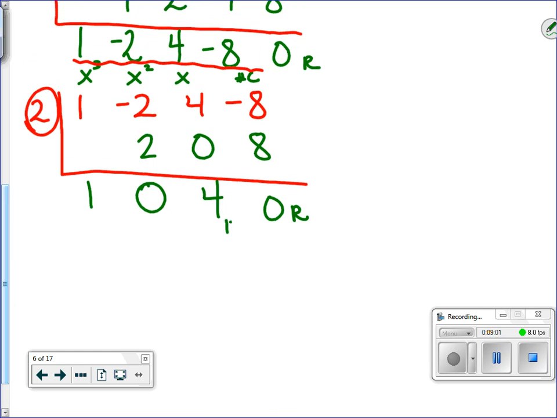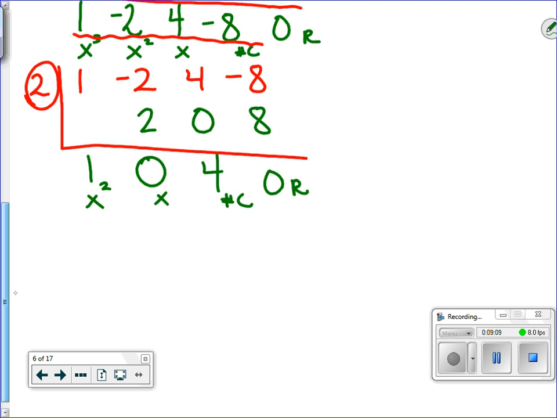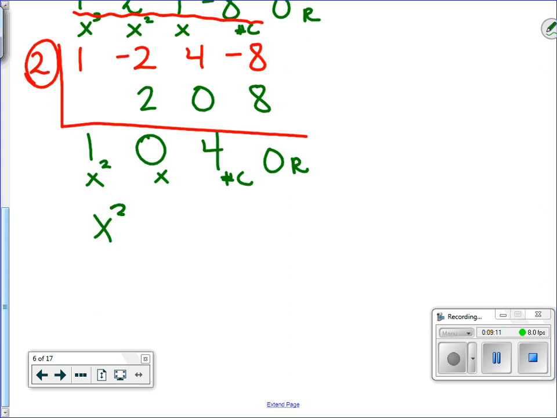Now go through, this is your constant, this is your x, and this is your x squared. So when you are writing this, you've got x squared, we don't have an x, that's 0, plus 4.